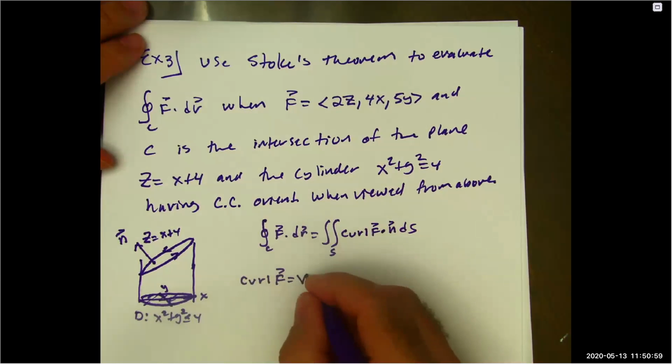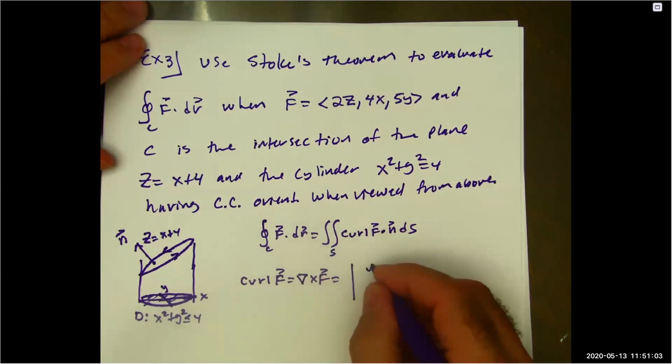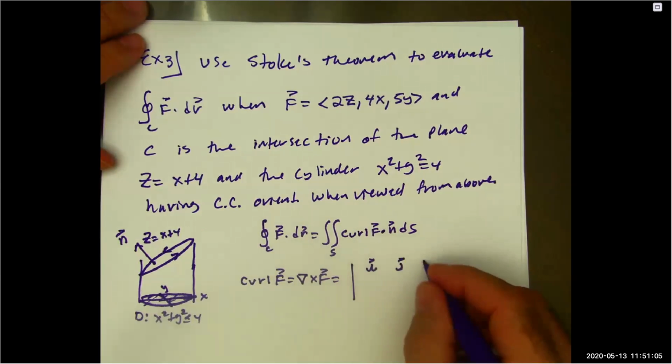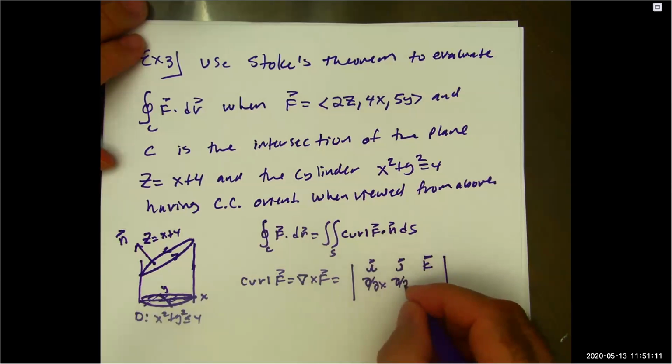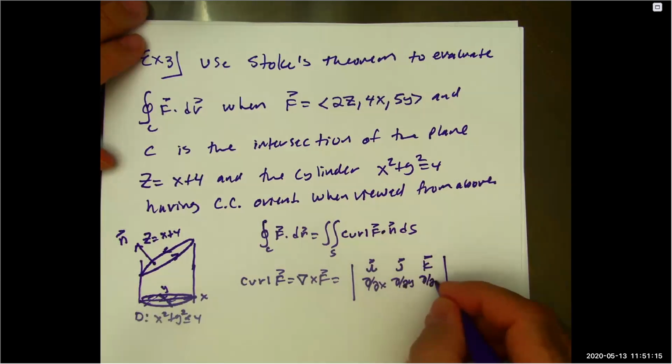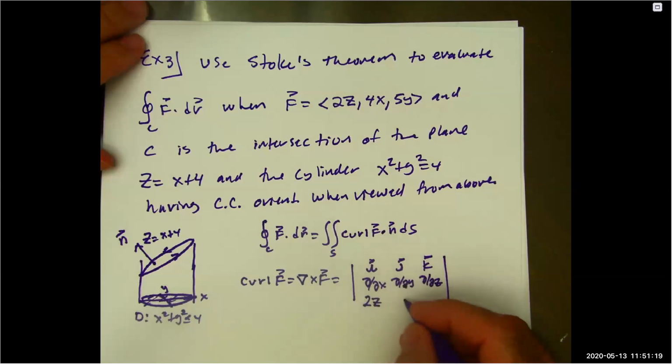Remember that's the del cross F. So we're going to have i, j, k, and the partials, and then we'll put the component functions in there, the 2z, the 4x, and then the 5y.